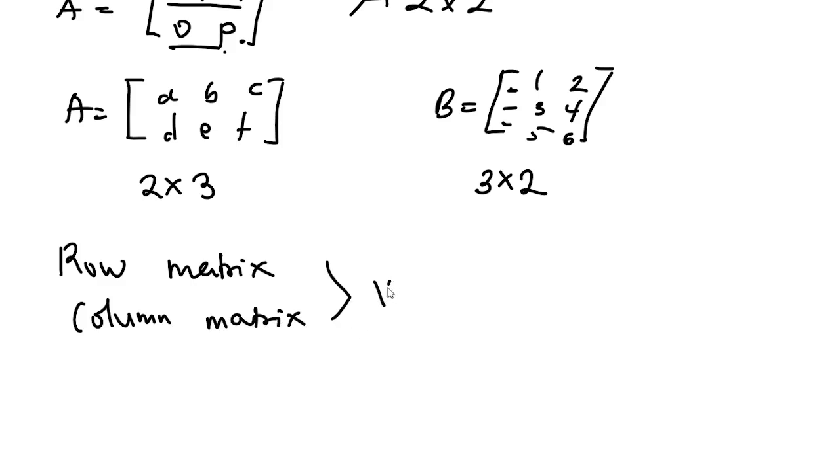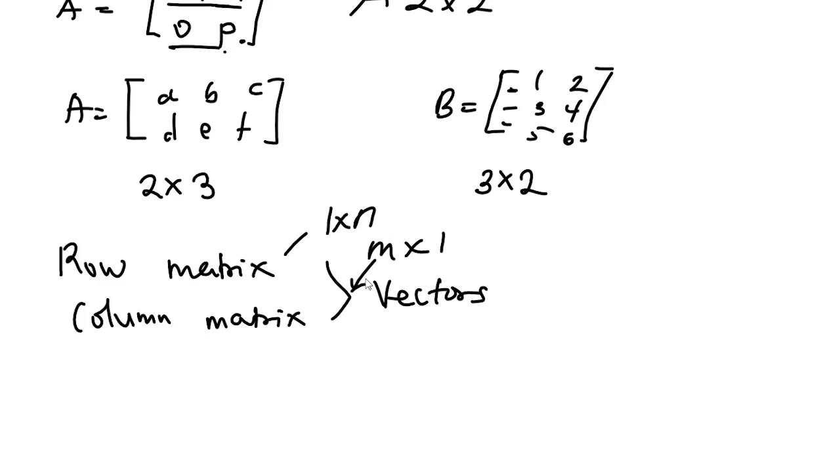The column vector is in the general form m by 1, and the row vector is in the form 1 by n.